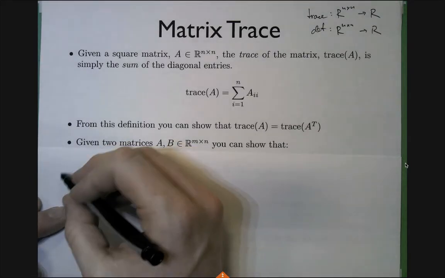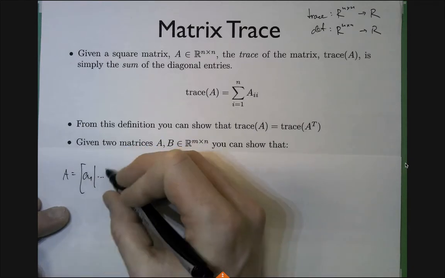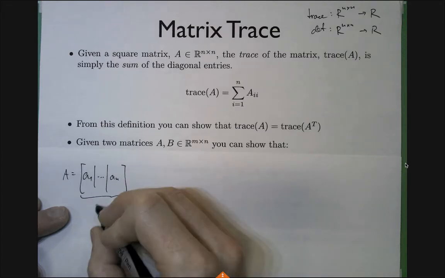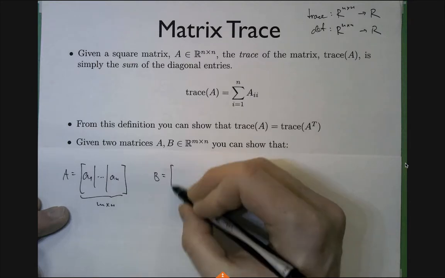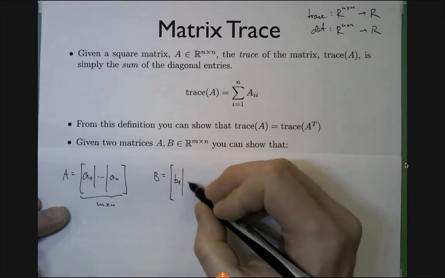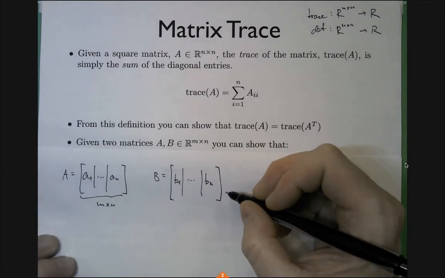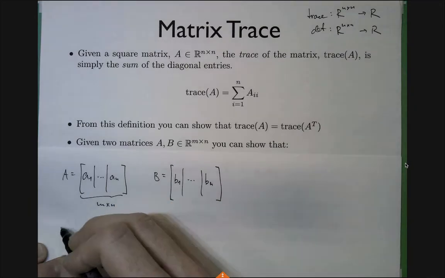So let's say that A is a matrix that looks like this. The columns will be A1 to An, so it's an m by n matrix. And B would be another matrix of exactly the same size, but now with columns B1 up to Bn. So what's going to happen if I take the trace?